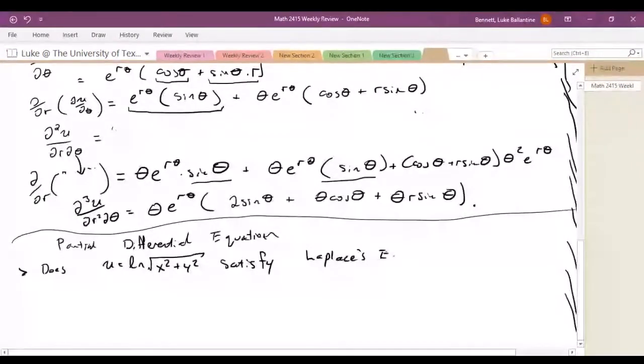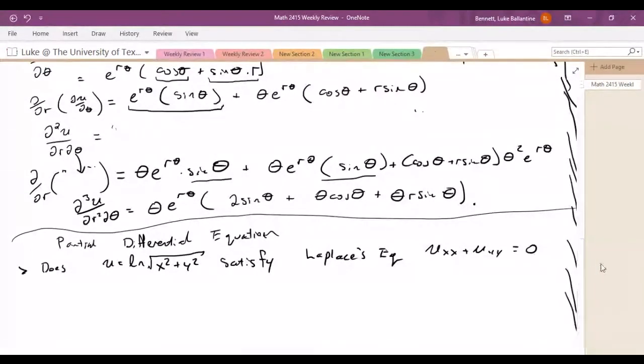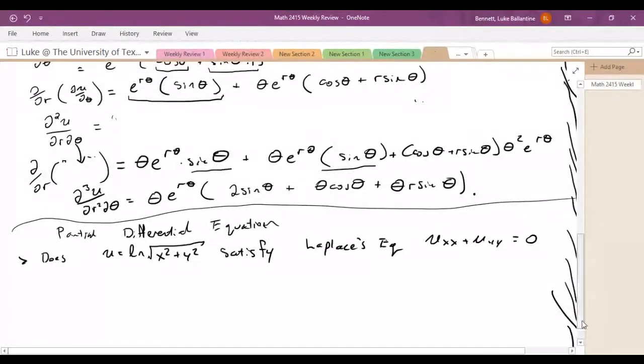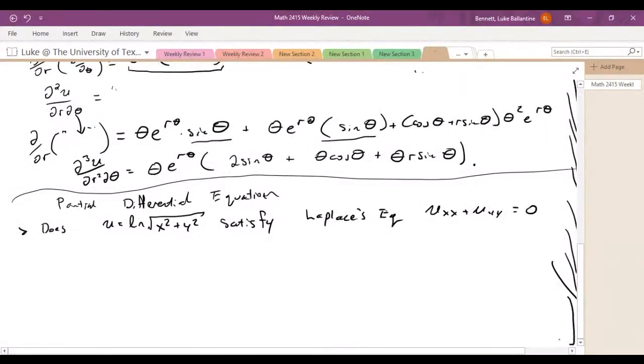Laplace's equation is given by u sub xx plus u sub yy equals 0. So we need to calculate the second partial of u with respect to x twice, and then the second partial of u with respect to y, add them and see if it equals 0.